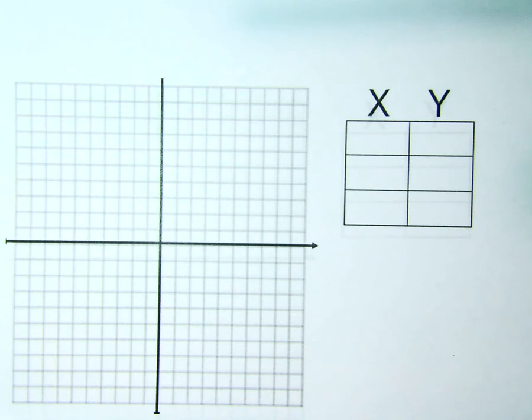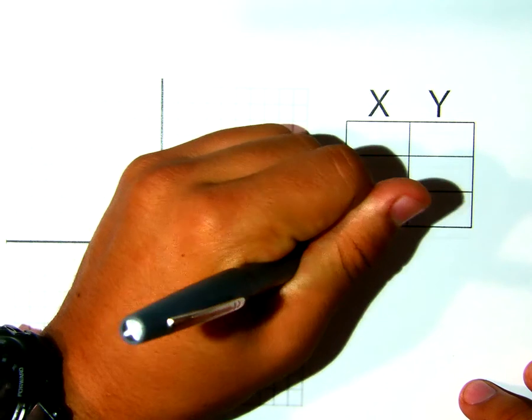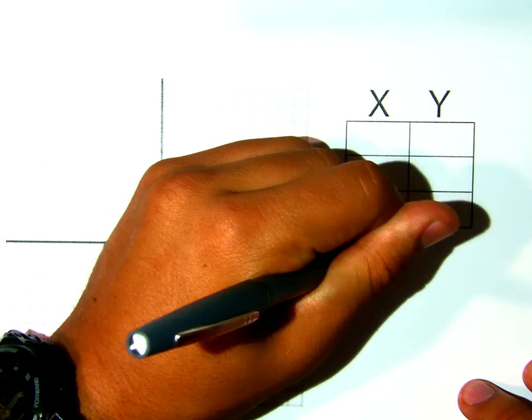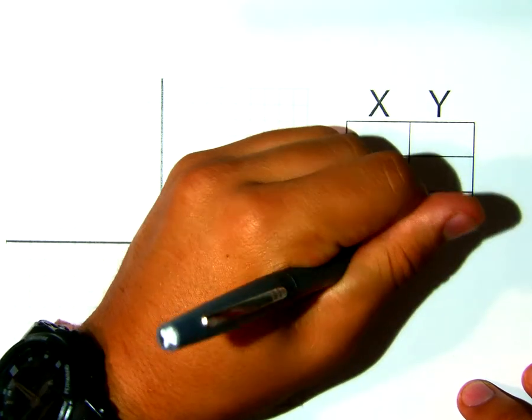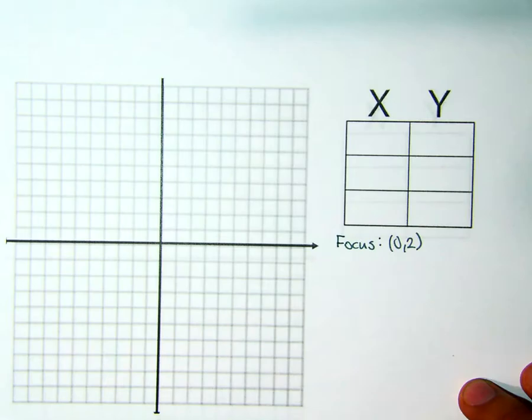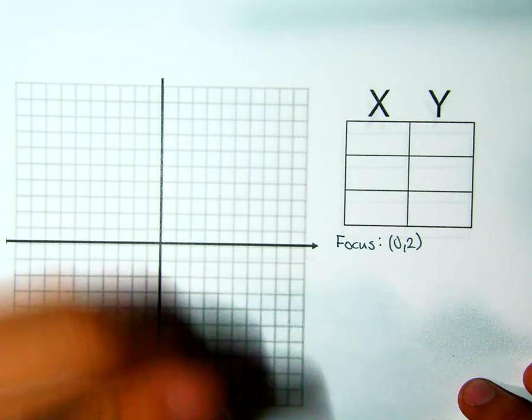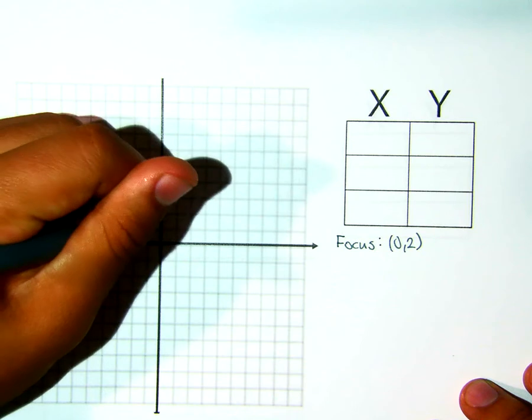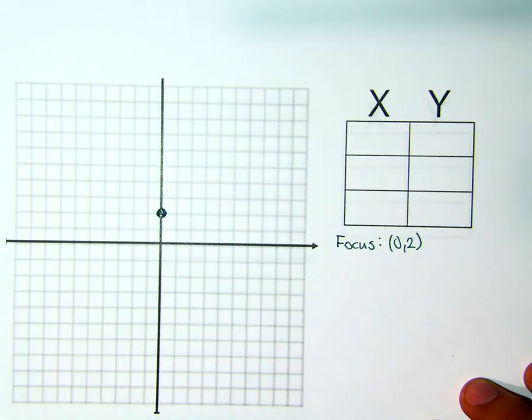Okay, right now that may not make sense, but as I work this example, we will see exactly what that means. Okay, so if we're given a focus, and that point is 0, 2, we will graph this.